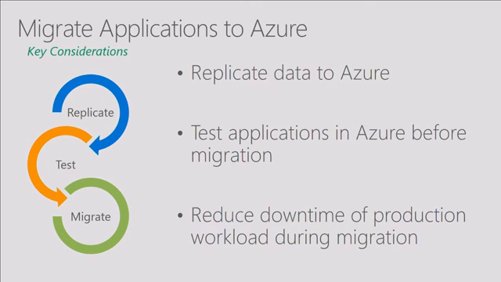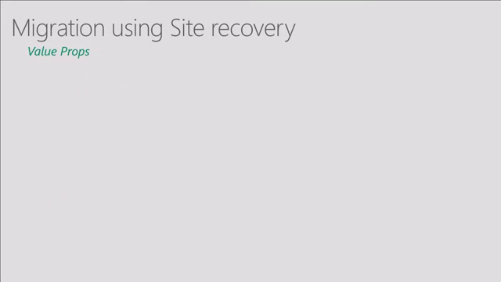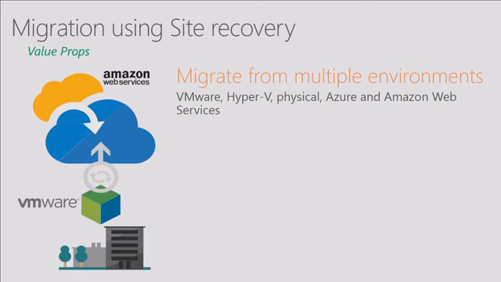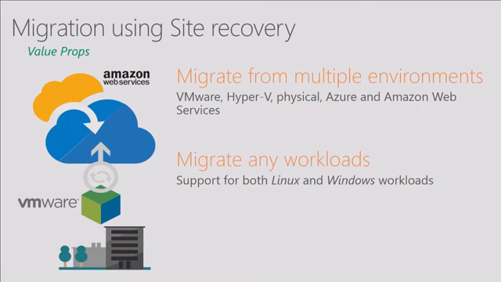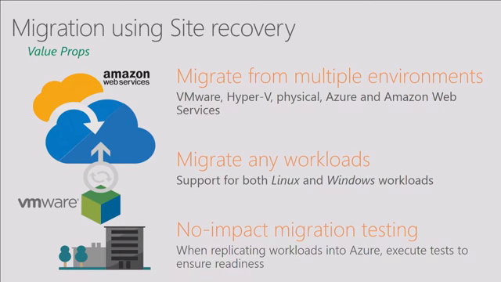Now, when you are using Site Recovery, what are the value props? Multiple environments, we talked about it enough. Any workload, Linux, Windows. So pretty much you are covered for all your requirements from an application perspective. The third one, no impact in migration testing. The demo which I started with, that's exactly the point here.